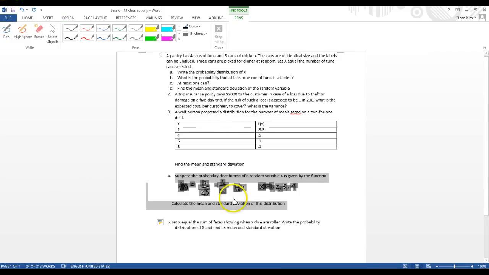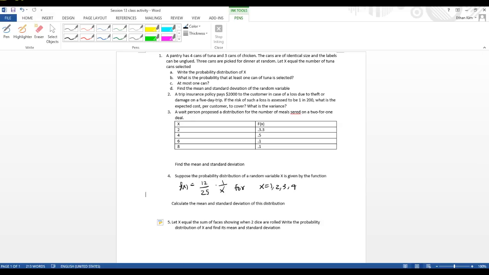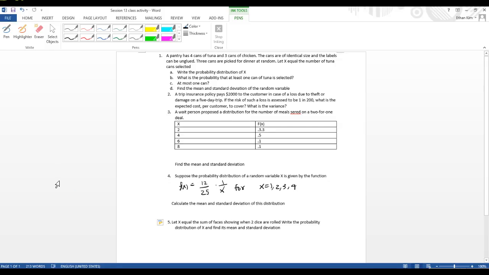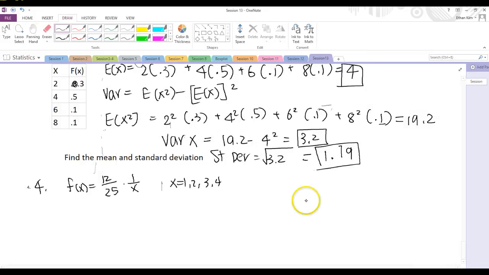Okay, so 12 over 25 for 1, 2, 3, 4. Okay, so for number 4, let me just write this down. Okay, this is number 4. And calculate the mean and standard deviation for this, right?